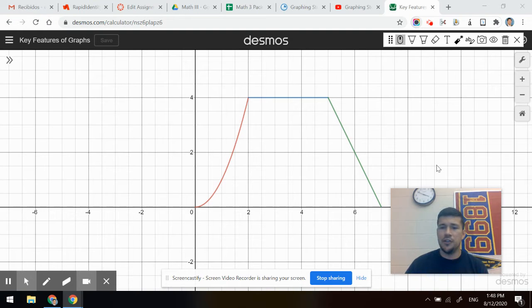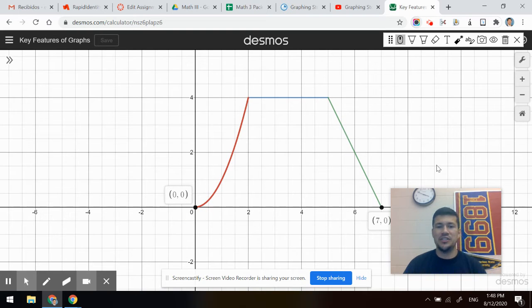All right. So the first feature that we're going to talk about is the intercept. All of these come from your list in your assignment. An intercept is where you cross some kind of line. So we have two x-intercepts in this function, (7, 0) and (0, 0).